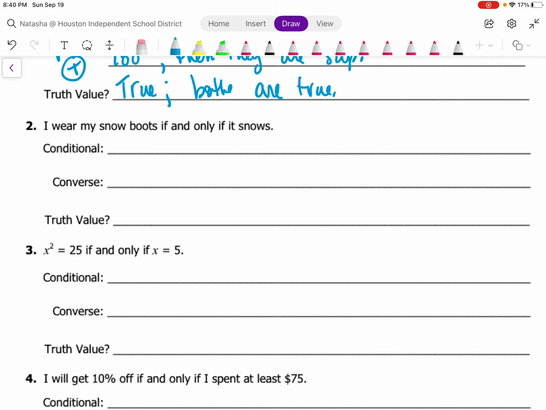If I wear my snow boots if and only if it snows. So our conditional is: if I wear my snow boots, then it snows.